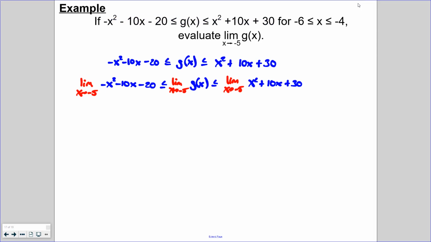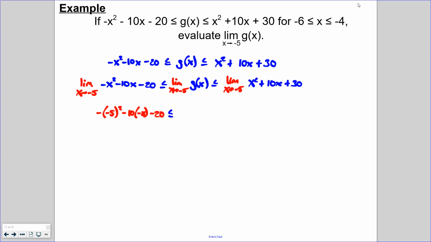The next condition is that the limit of the lower function has to be the same as the limit of the upper function. So our next step is to evaluate the limits of the lower and upper function. Now these limits are polynomials, which means we can apply direct substitution. So when we do that, we're going to get negative, parentheses, negative 5 squared, minus 10 times negative 5 minus 20.